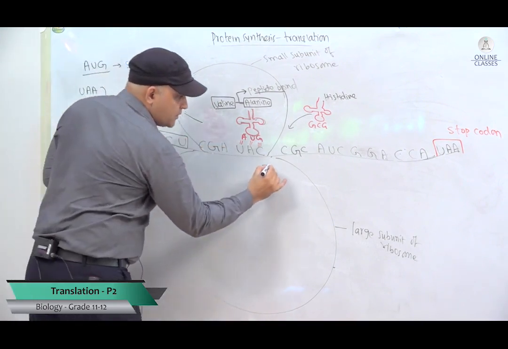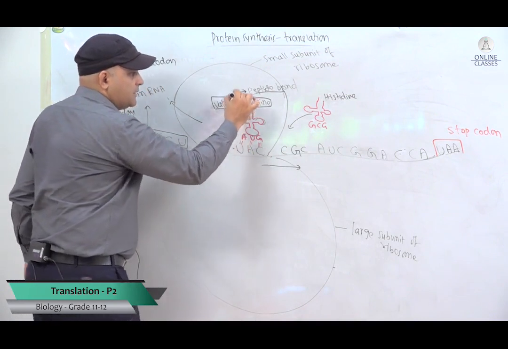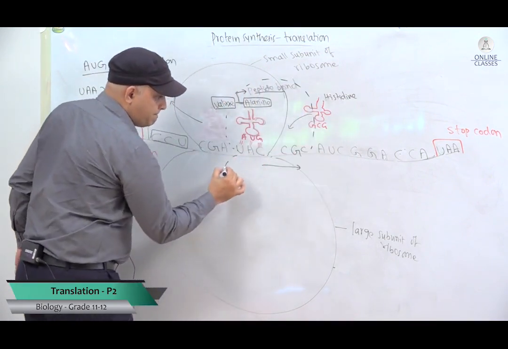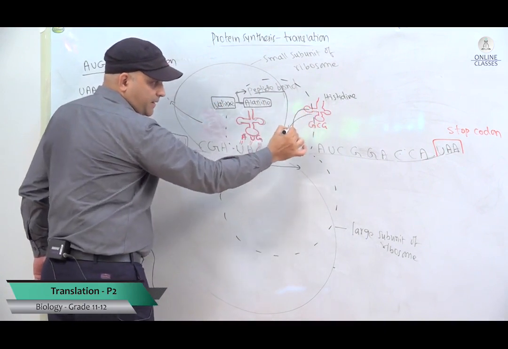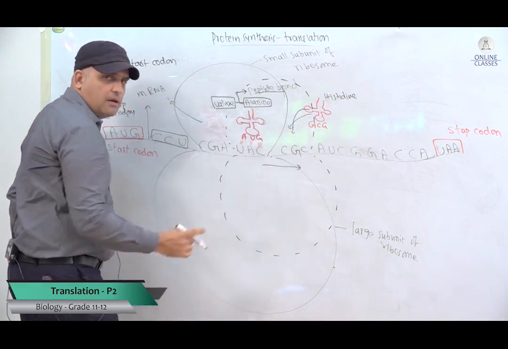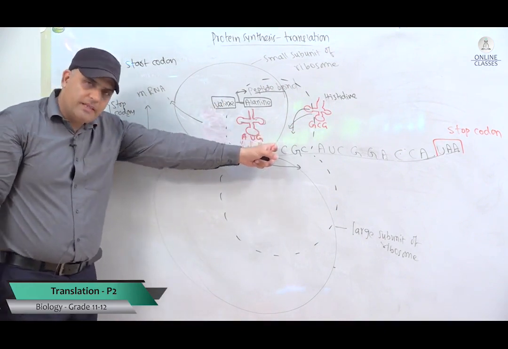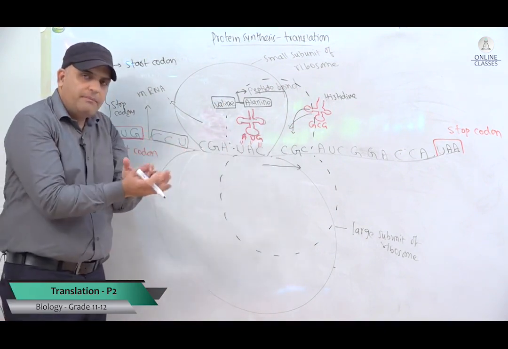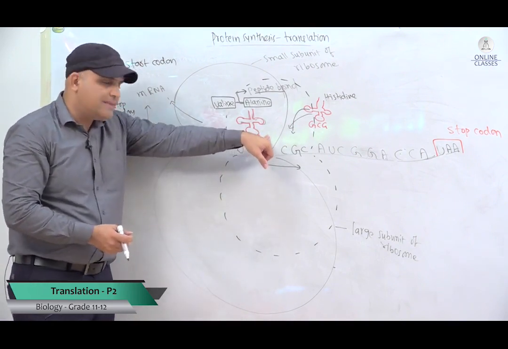The ribosome moves one codon at a time. So at the next place, the subunits will be here, and this tRNA binds into this space. Again remember, you have to write this as a marking point. Complementary base pairing takes place between the codon on the mRNA and the anticodon on the tRNA.